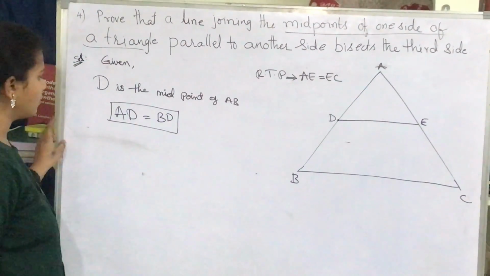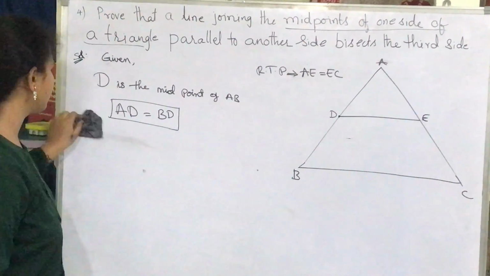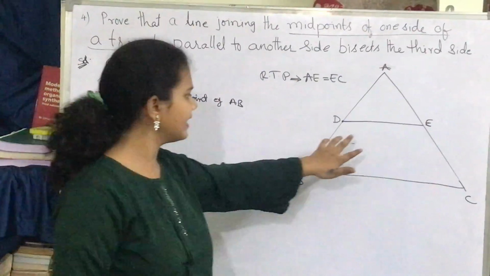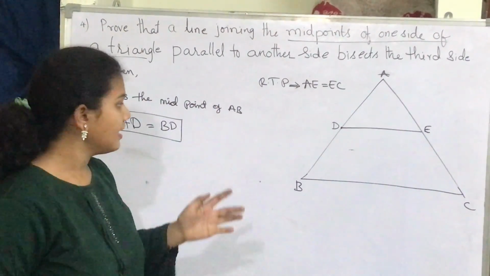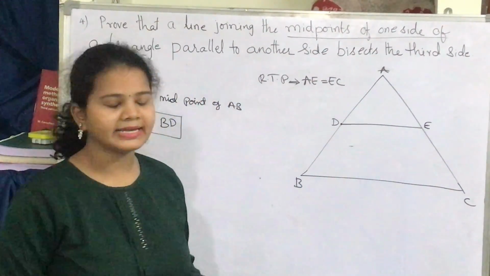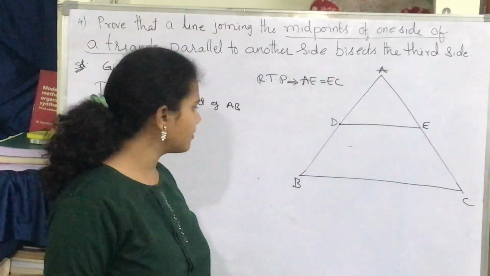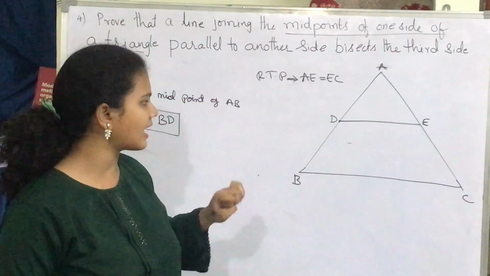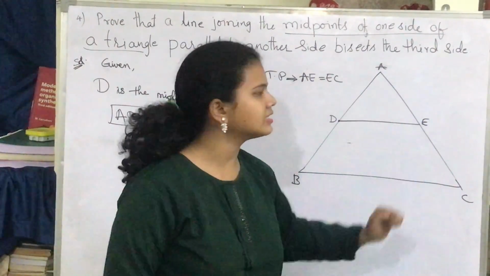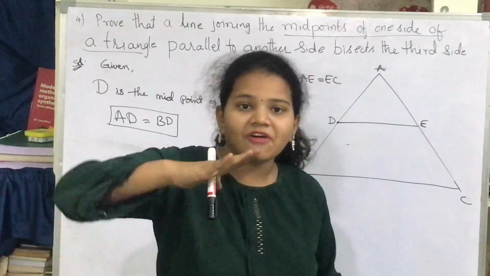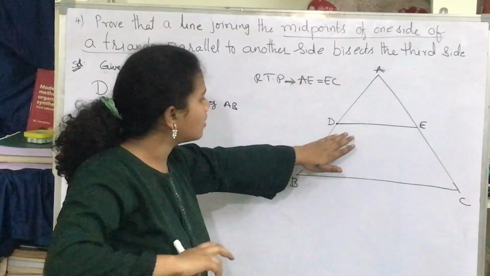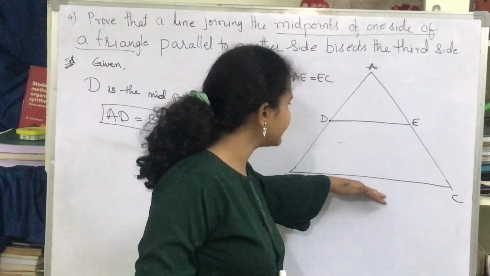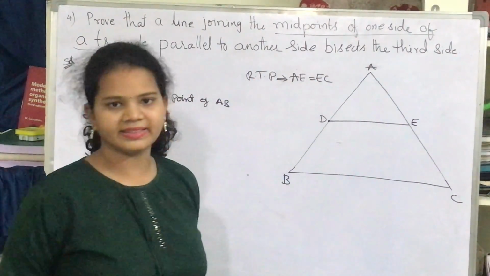So here we know that a parallel line is drawn where DE is parallel to BC, right? By the basic proportionality theorem, BPT, we can say that if a line is drawn parallel to one side of the triangle, then the other two sides are divided in the same ratio.